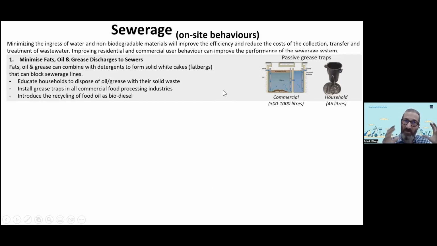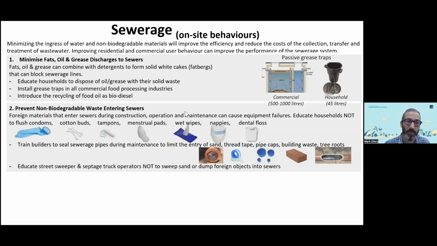The discharge of FOGs into your sewage system will block pipes, block pumps, block screens, and are a nightmare for your sewage treatment plant. So there is a need to manage household, residential and commercial premises for their management of fats, oils and grease, and the risk they pose to sewers.